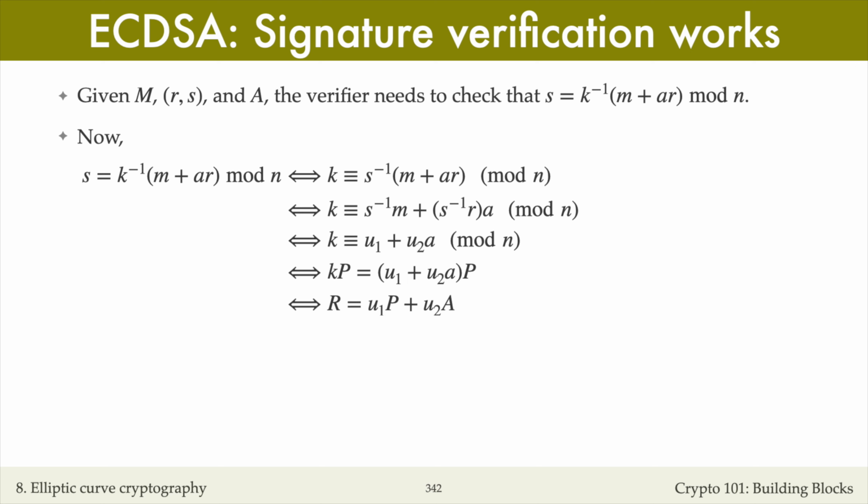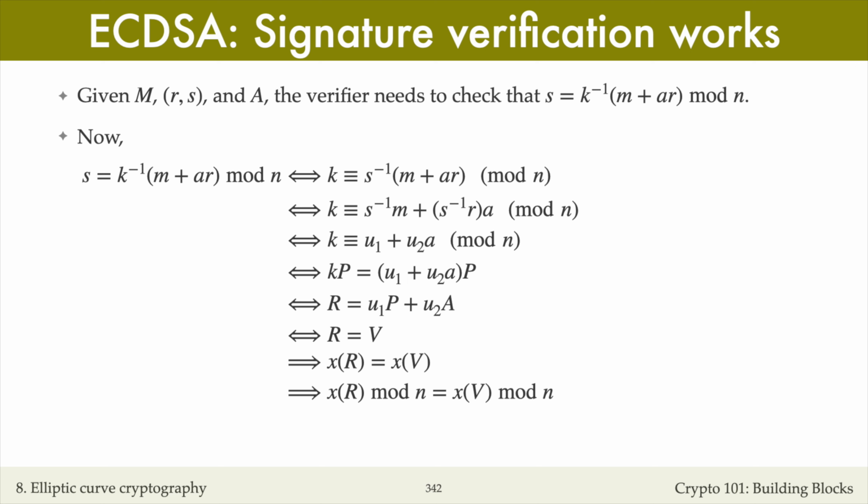We'll next replace AP by capital A, Alice's public key, and KP by capital R to obtain this equivalent equation involving elliptic curve points. I'll next define U1P plus U2A to be capital V. Now, note that if R equals V, then their x-coordinates are equal, and so their x-coordinates modulo n are also equal.